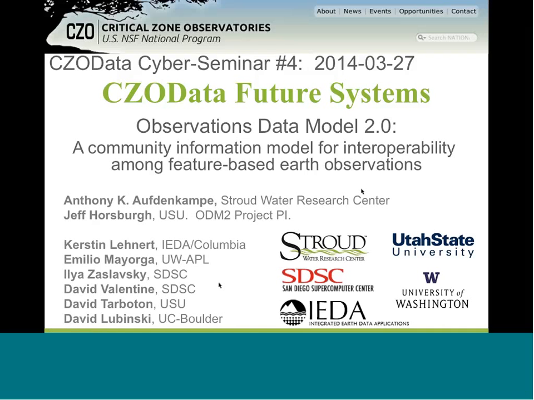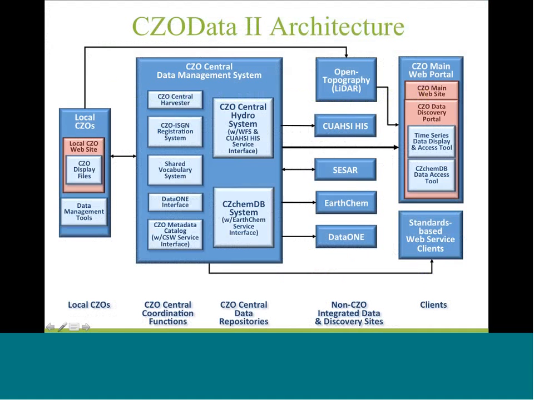Let's see here. I keep on clicking on the wrong thing. There we go. So, just glance again at the architecture that's proposed and under construction and partially built, in fact, in many cases, for CZOData, the second phase of development. So, essentially, there are all these components that are connected.